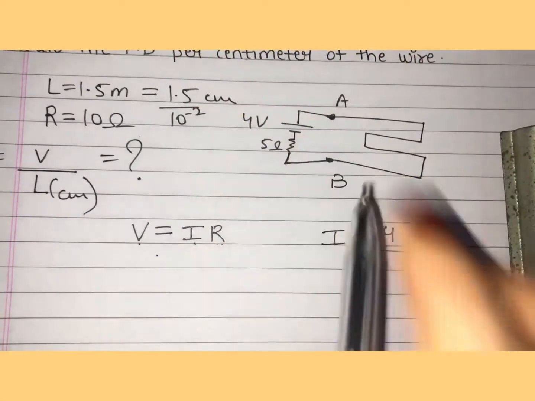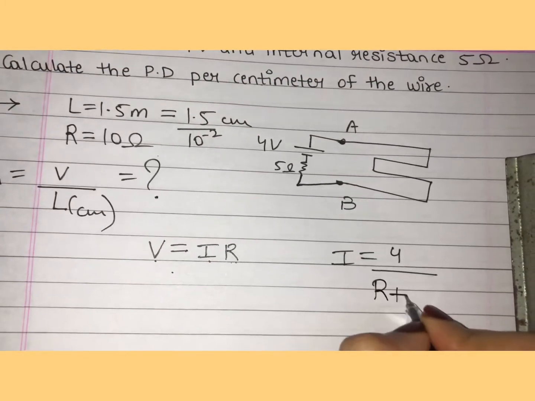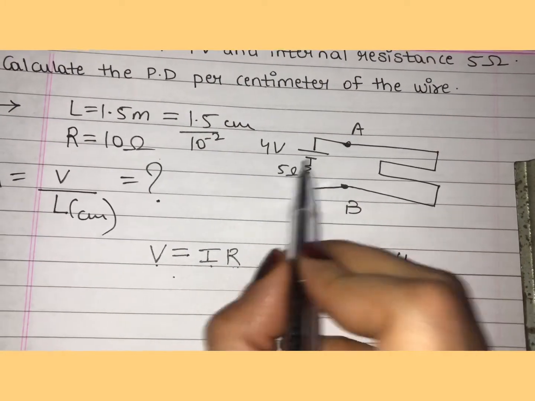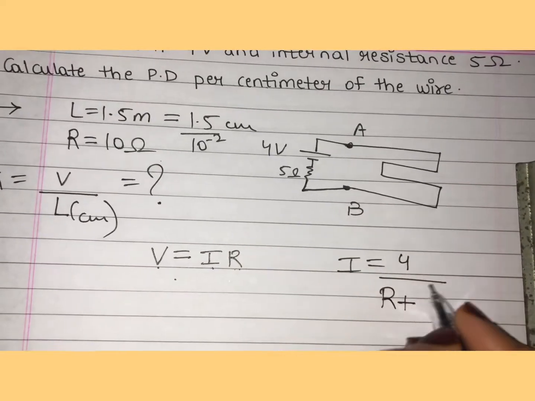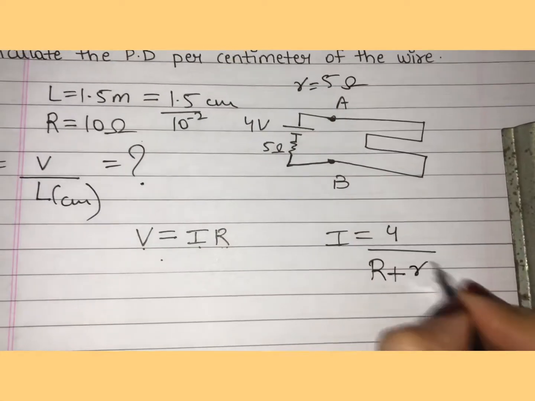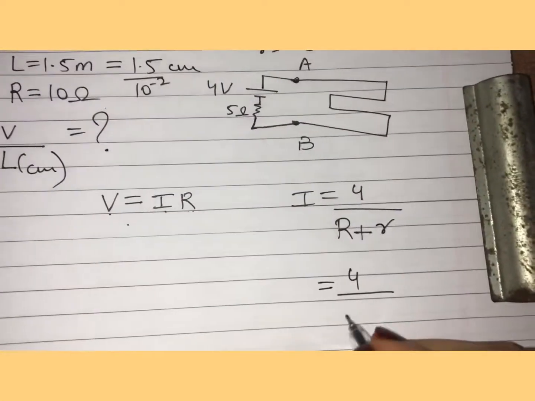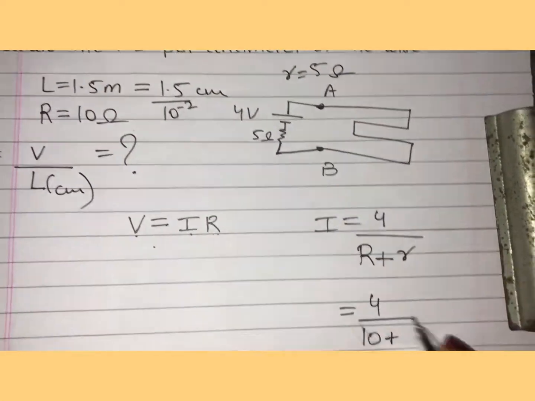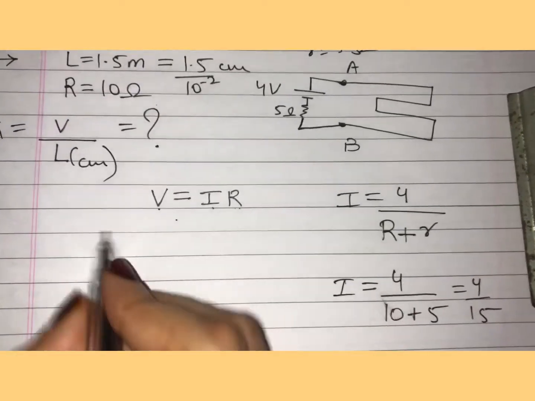There are two resistances: first is of the wire, that is capital R, and then the internal resistance of the battery, small r, 5 ohm. So I can write it like this: 4 upon capital R is 10 plus small r is 5. So 4 upon 15 is the value of the current.